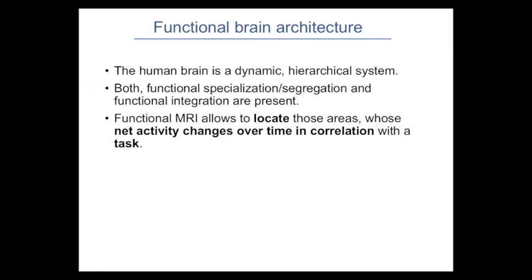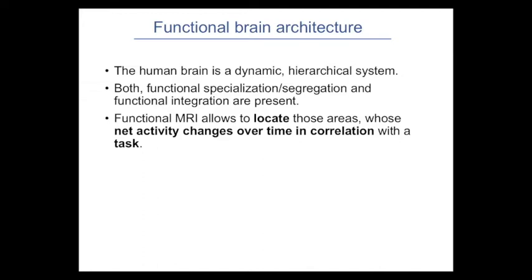The question of how something happens then needs to be found by an interpretation through these locations. MRI doesn't per se tell you how the brain does something, it just tells you where it does something. And from that, you have to infer how things are happening.